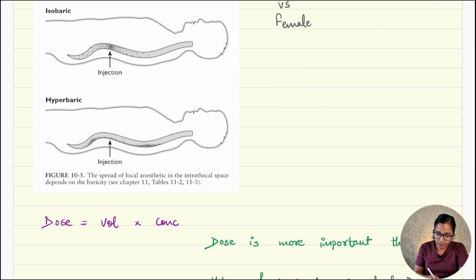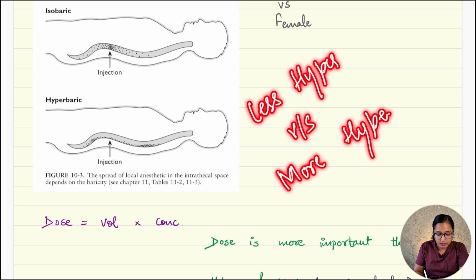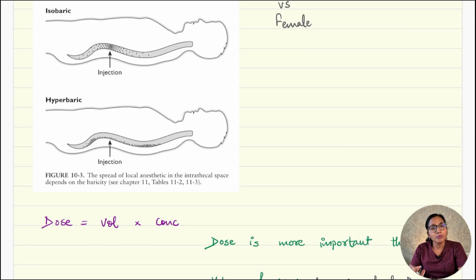And one more thing: if we compare a less hyperbaric drug with a more hyperbaric drug, what will be the spread? A more hyperbaric drug will have a more predictable spread as compared to a less hyperbaric drug.